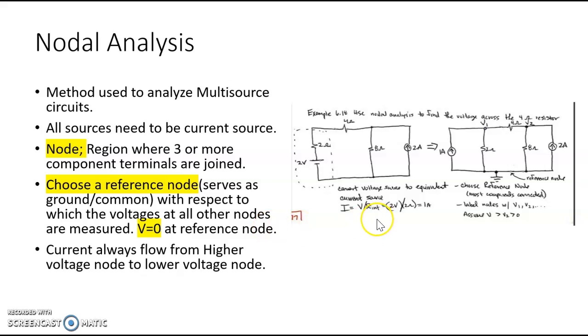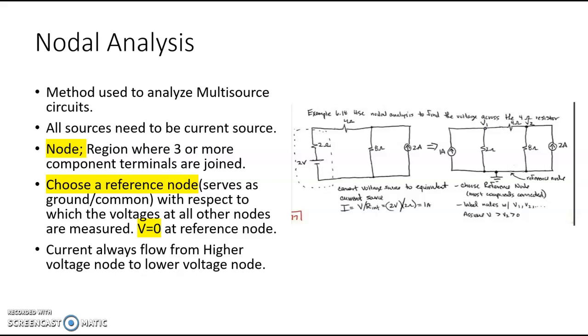When we are doing nodal analysis, we have to choose a reference node that serves as a common ground with respect to which the voltages at all nodes are measured. It's very important to be wise in how you select your reference node.